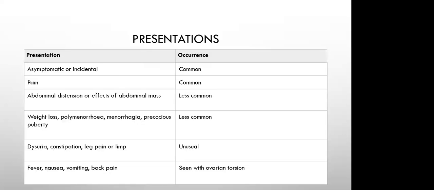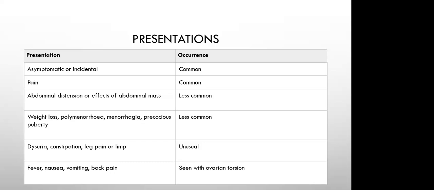Okay. So the presentation of torsion may be asymptomatic or incidental. Pain on and off, colicky pain, is very common. It's extremely rare to present with abdominal distension or abdominal mass or any other symptoms like menorrhagia, weight loss, dysuria or leg pain.